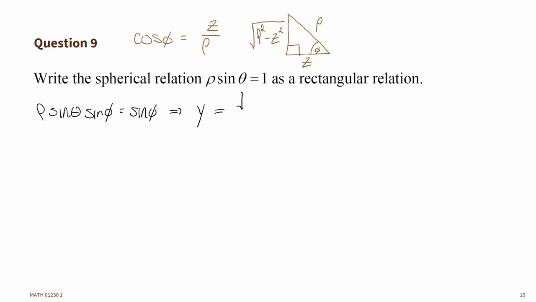What is rho in rectangular coordinates? Square root of x squared plus y squared plus z squared. So what's rho squared? x squared plus y squared plus z squared. Minus z squared. You get just x squared plus y squared.